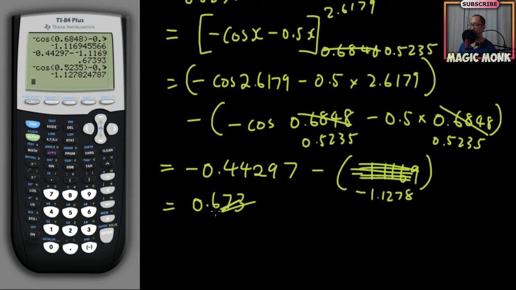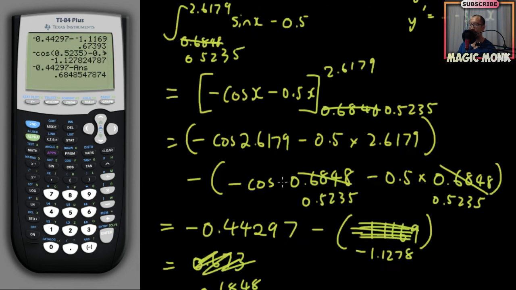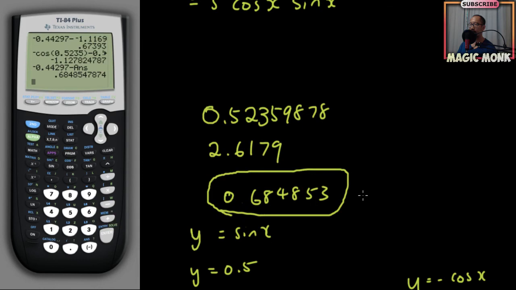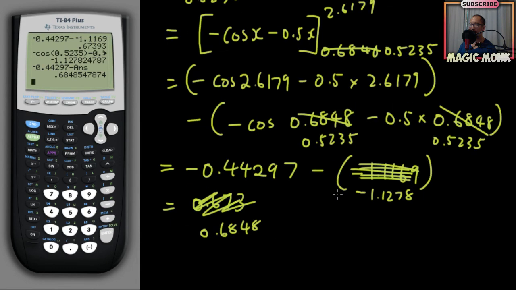If I put all that in, negative 0.44297 minus the answer, then I will get 0.6848, which matches what we had. Okay, it matches our graphics calculator answer.